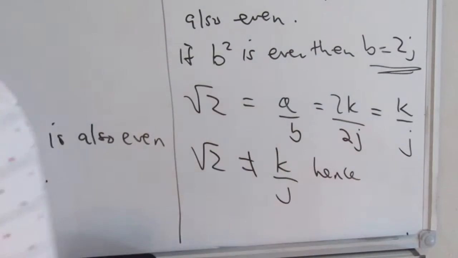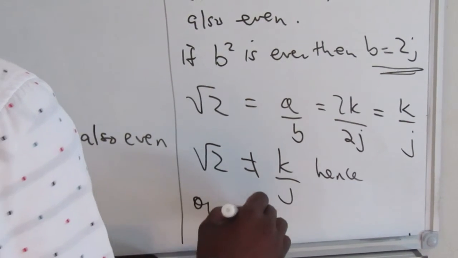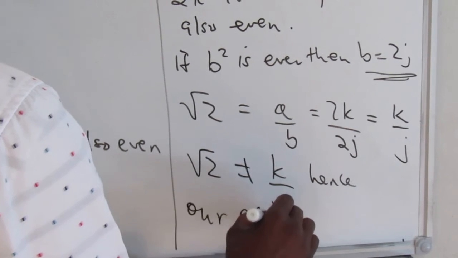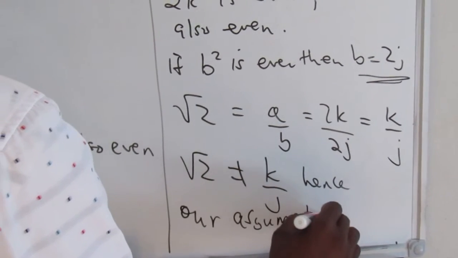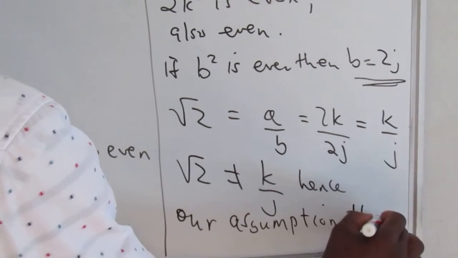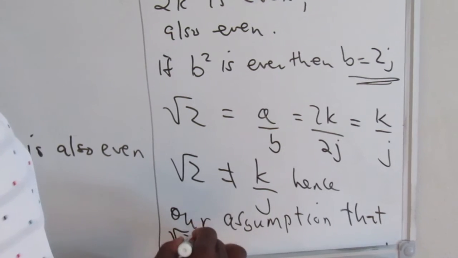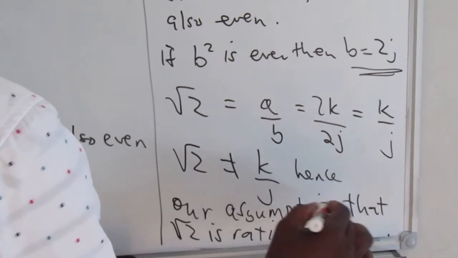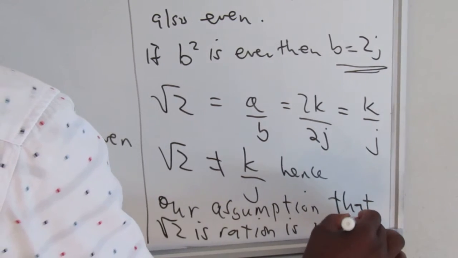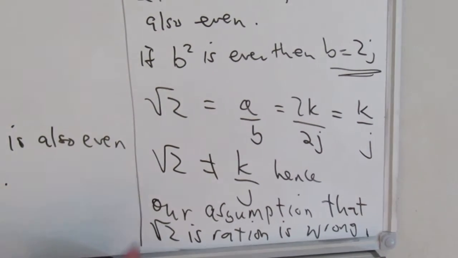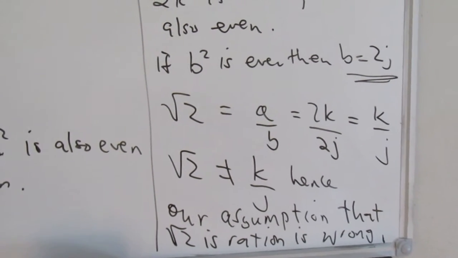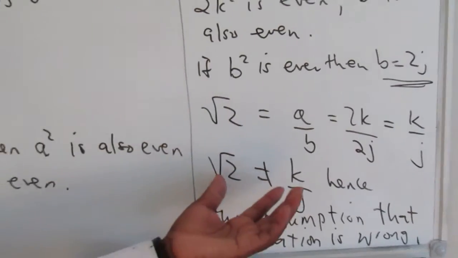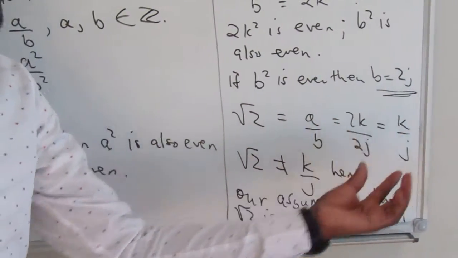Hence our assumption that root 2 is rational is wrong. So we have proved by contradiction, because our conclusion shows that root 2 is equivalent to k over j.